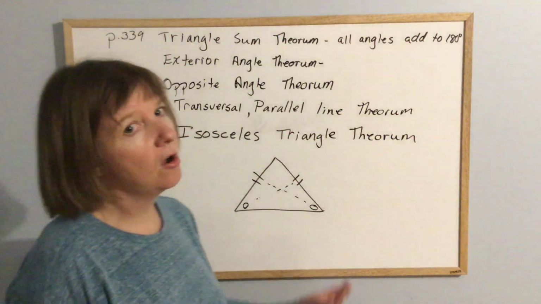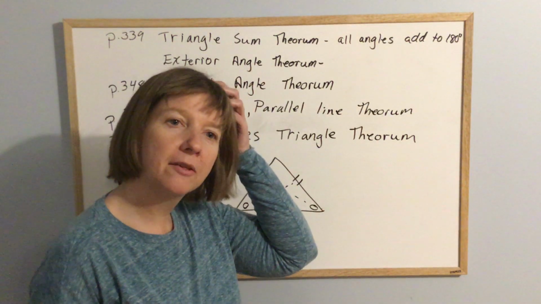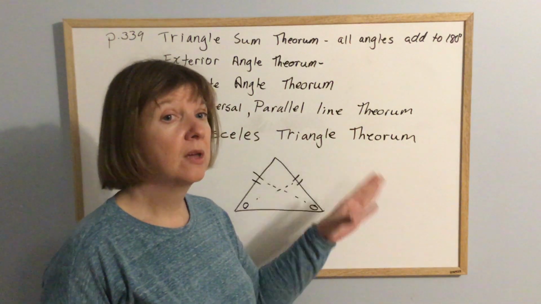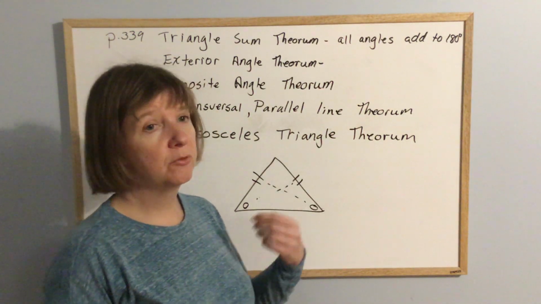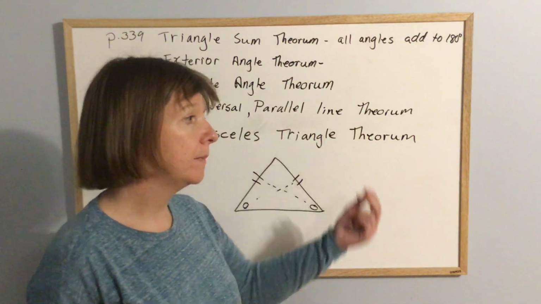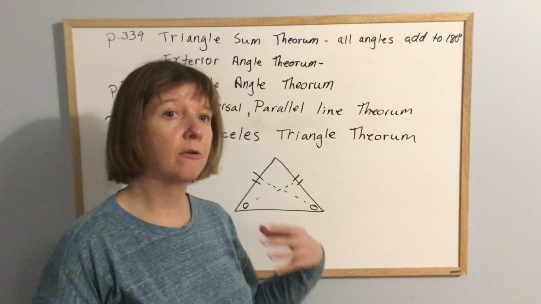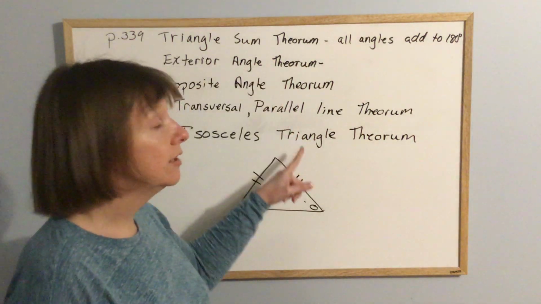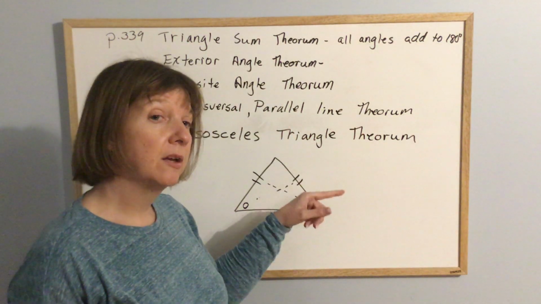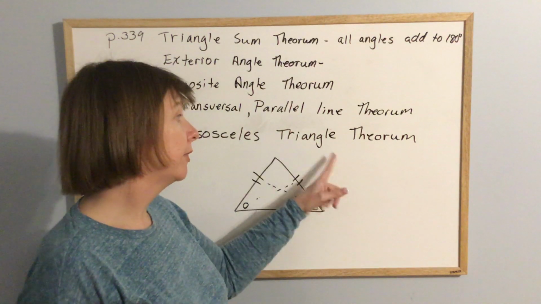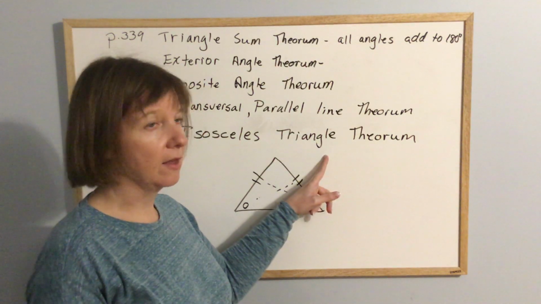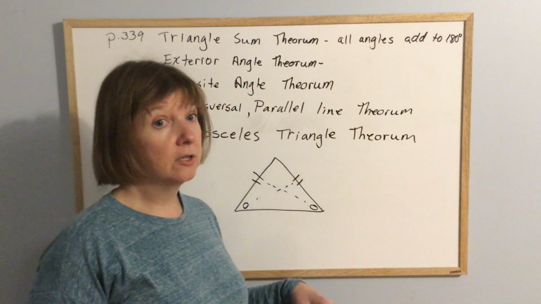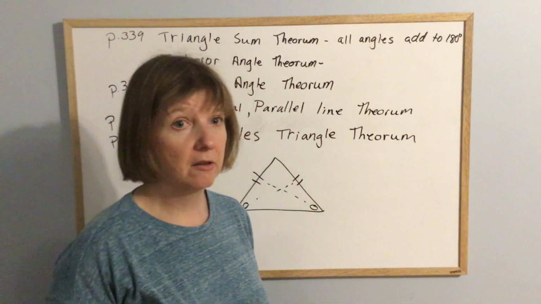But from there on, there's actual math involved. But you have to know these theorems in order to figure it out, because you're going to be figuring out missing sides and missing angles of triangles and circles and different things like that. When you figure out that this angle is let's say 50, and if you know that opposite angles are equal, then you know the angle opposite that is also 50.